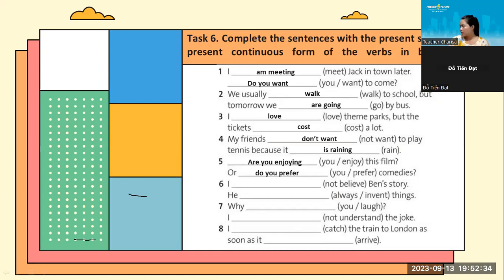Answer number 6. I don't believe with bad story. Next. Oh, he always invents things. Number 7.